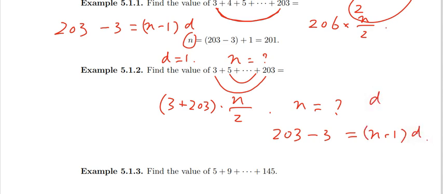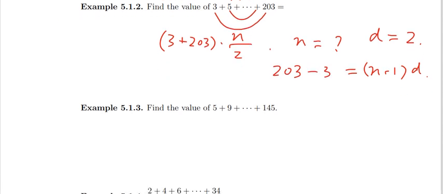What is d here? d is 2, right? So from here we can easily find n: 200 equals (n minus 1) times 2. So n minus 1 is 100, and n equals 101. Okay.